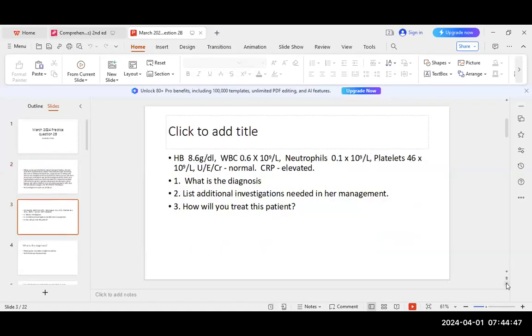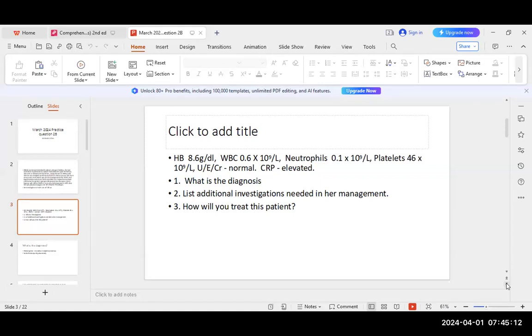The hemoglobin was 8.6 grams per dL. WBC was 0.6 times 10 to the power 9 per liter. Neutrophils 0.1 times 10 to the power 9 per liter. Platelets were about 46,000, and the urea and electrolytes were said to be normal. CRP elevated. That's how I got the question.